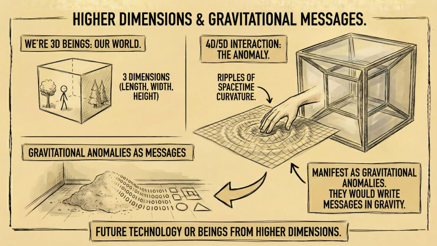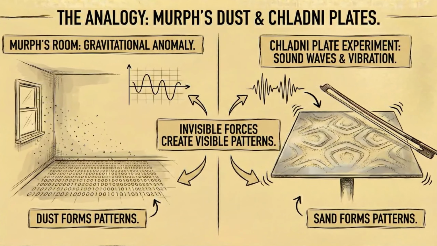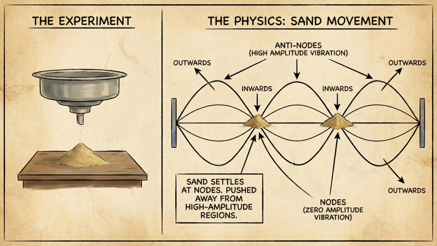The dust in Murph's room forms a pattern analogous to something called a Chladni plate. Have you ever seen one? It's mesmerizing. Sand vibrates on a metal plate, and it arranges itself into geometric patterns. But here's the thing. The sand settles at the nodes, places where the vibration amplitude is zero.